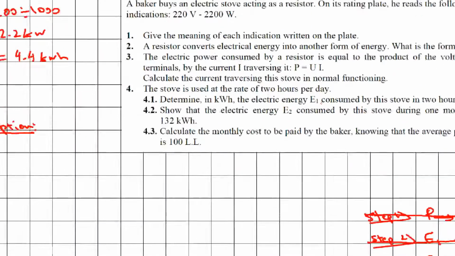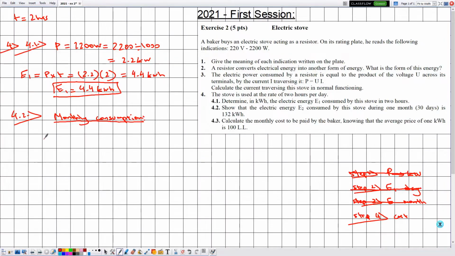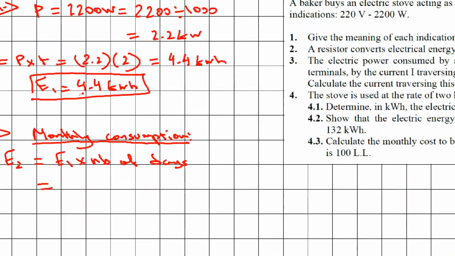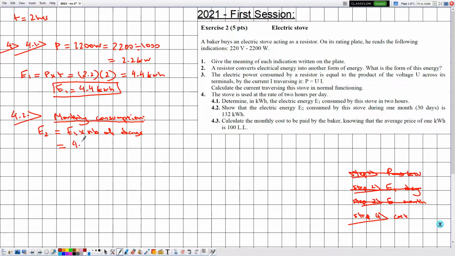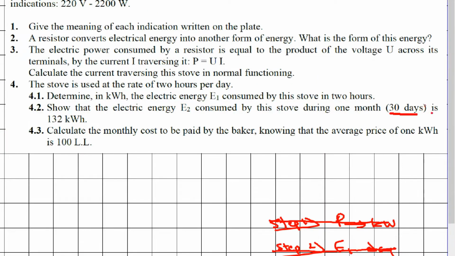And the monthly consumption, which is denoted by E2, is given by E1 multiplied by the number of days. And here we have that E1 is given by 4.4. Remember that the number of days are the actual number of days in which this electric stove functions per month. Here it happens that it's given by 30 days.